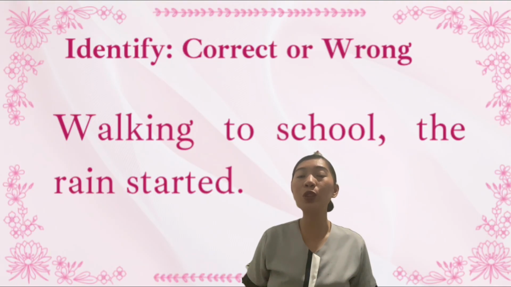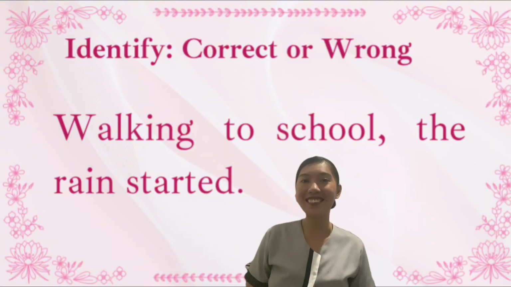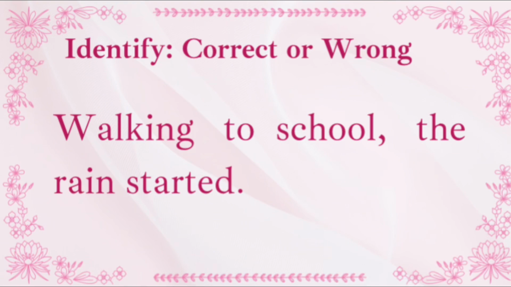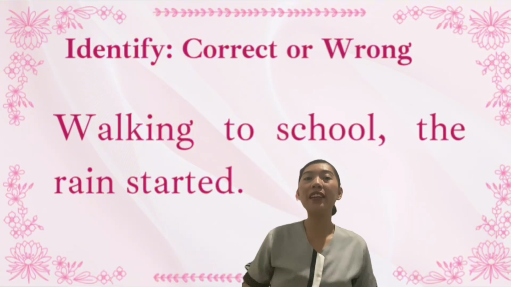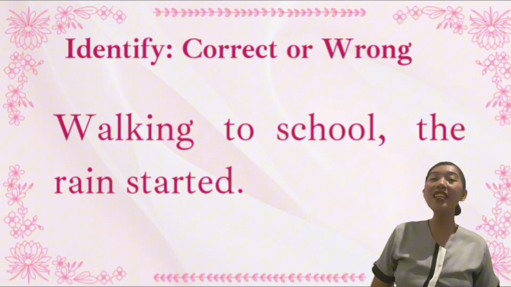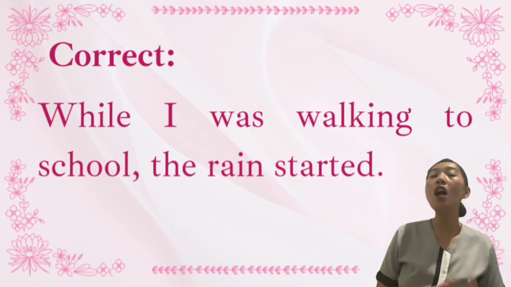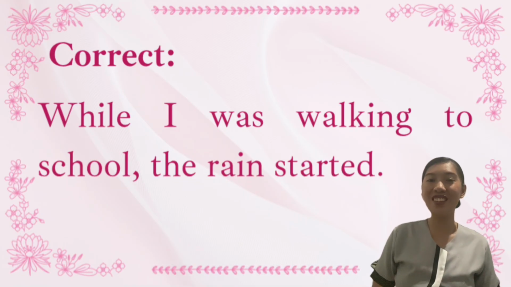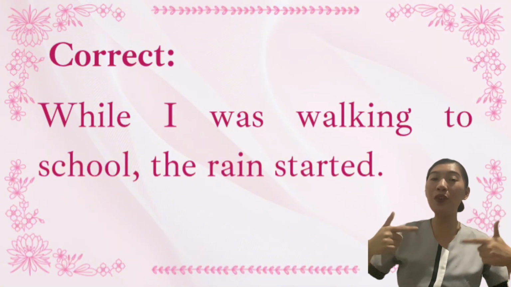So I want you to get your paper and your pen and try to fix the sentence. Done? Okay. So, the correct answer is, while I was walking to school, comma, the rain started. Now, comment down below if you got the correct answer.